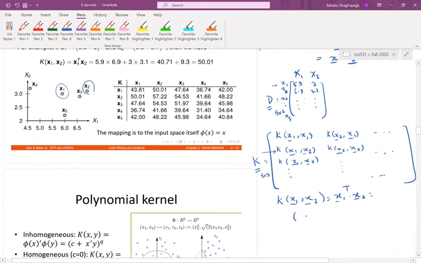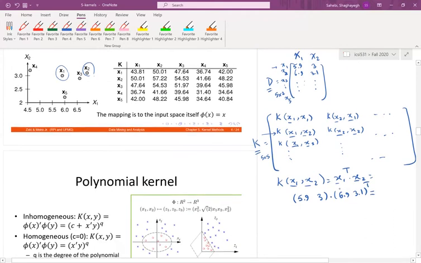It's 5.9 and 3, right? And my x2 is 6.9 and 3.1. Now, because the transpose of a transpose is itself, this is going to be a dot product. So what is the value?